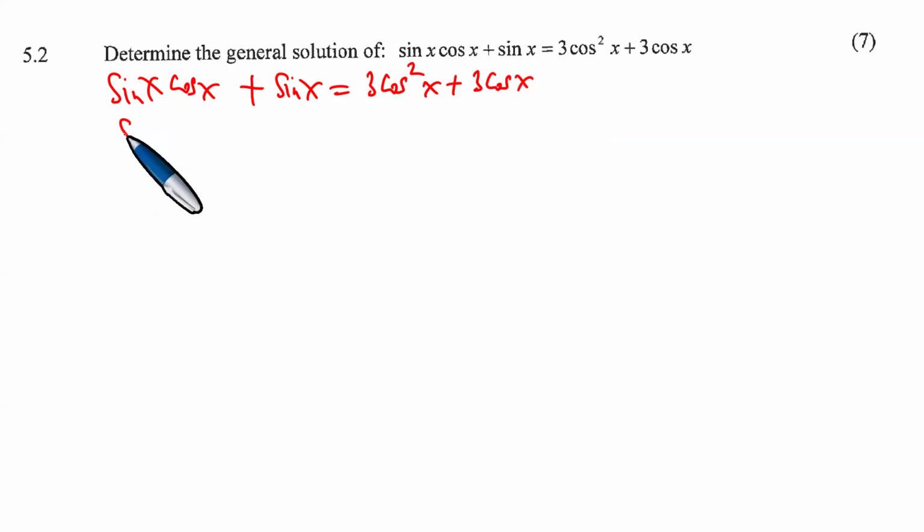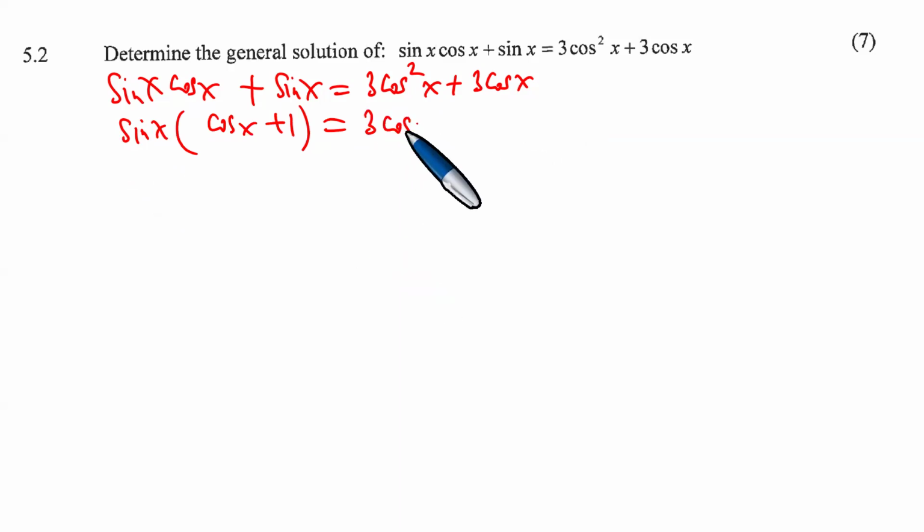Okay, we factor out sine x, giving us cosine x plus 1, which equals, and then what next? What do we factor out next? 3 cos x. If we do that, we're left with cos x plus 1. Okay, good. And this is what we get. Then what do we do next? We're trying to reason here together.